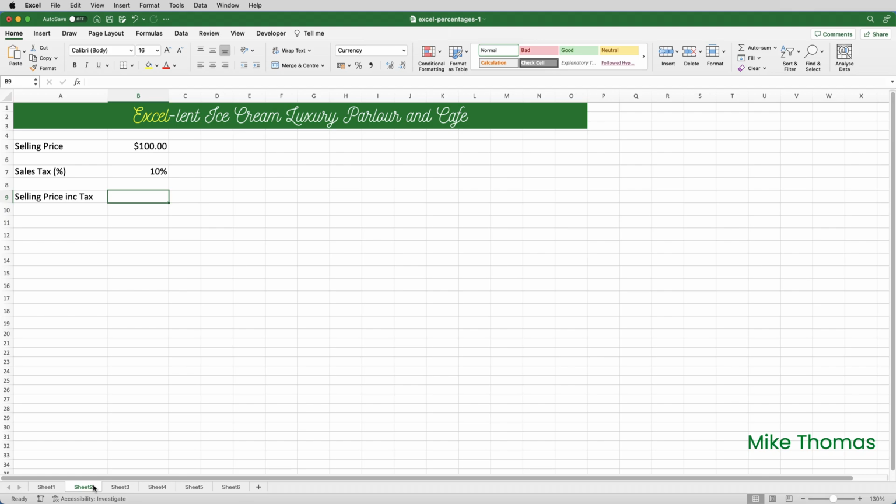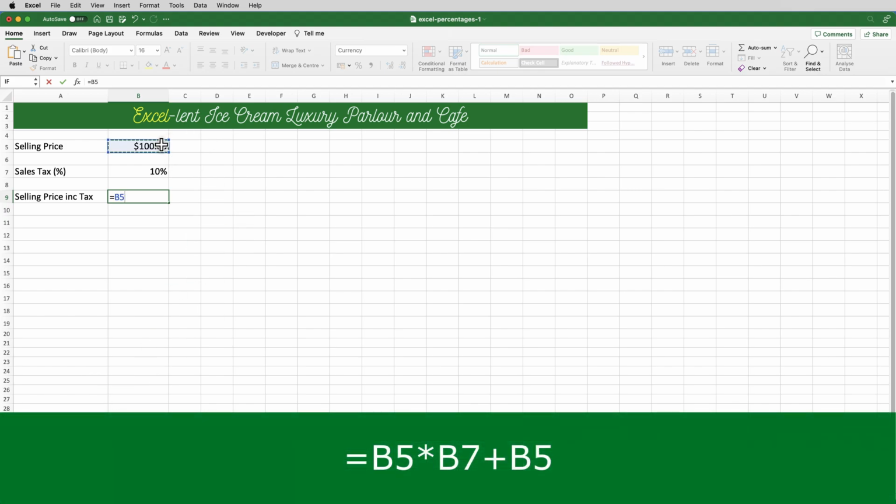And I'll do that again with a formula in B9, and that will be B5, the selling price, multiplied by B7, and that gives us the sales tax, and add onto that the selling price. So that's taking the $100 and multiplying that by 10%, and that will give us the sales tax, and I'm adding on top of that the original $100.